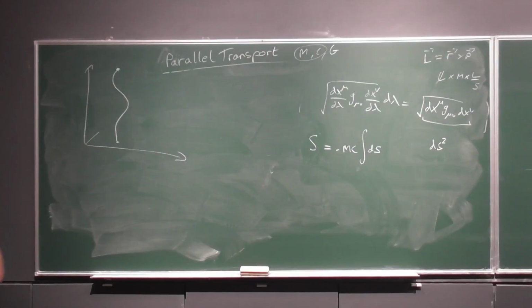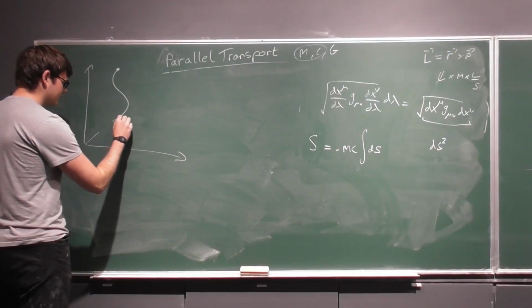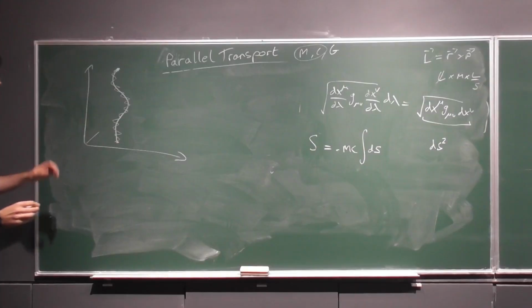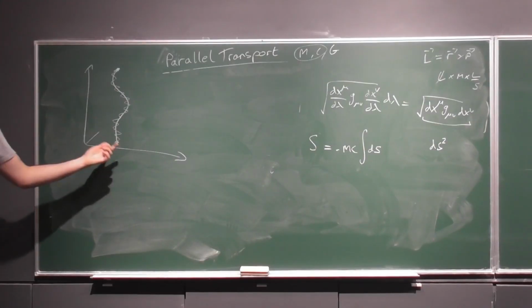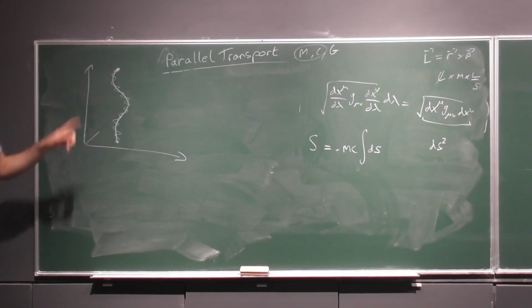If I have a ray of light that zigzags, I can get that trajectory to zigzag arbitrarily close to my trajectory. If I keep increasing the number of turns, this will eventually approximate my curve.